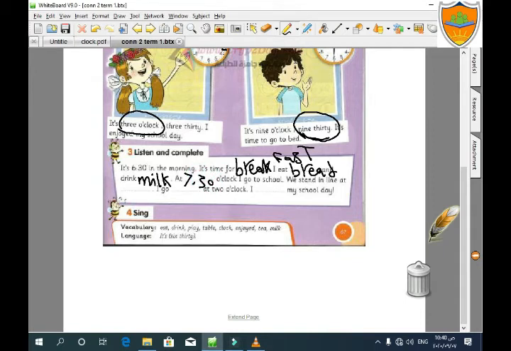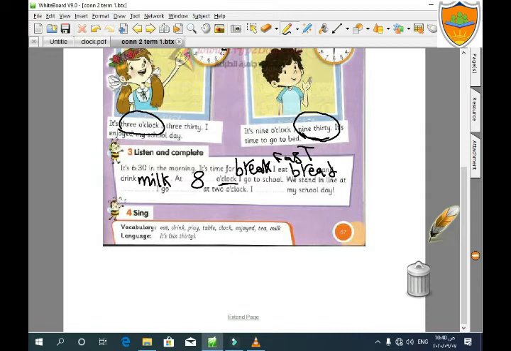At 8 o'clock, we say minutes without clock. I go to school. So again, at 8 o'clock, I go to school.